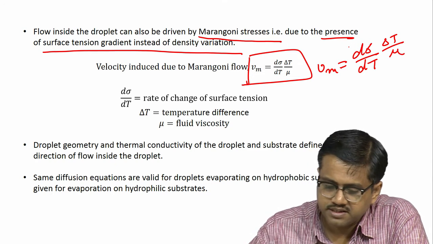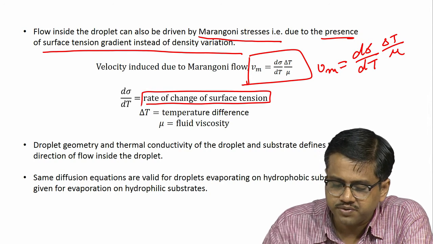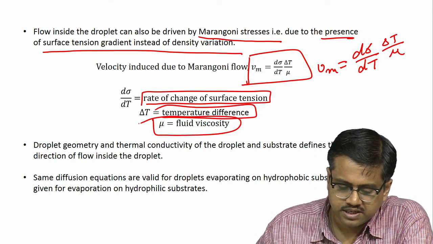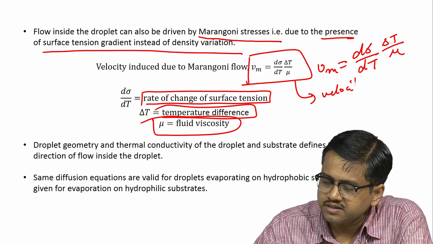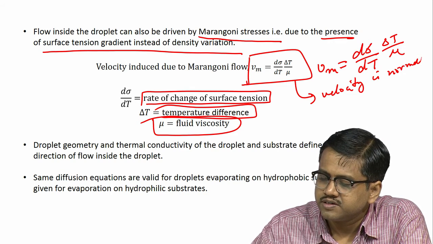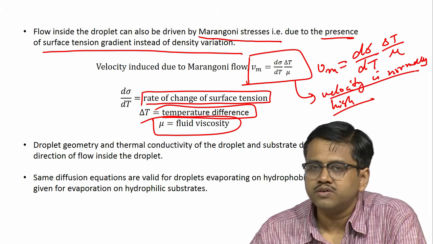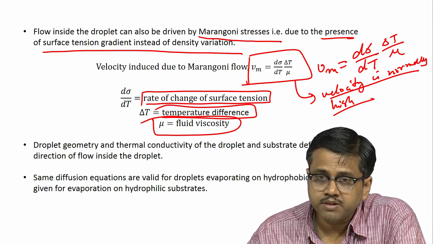So, in essence, dσ/dT is the rate of change of surface tension with temperature, this is the temperature difference, and this is the fluid viscosity. In this particular case, these velocities are normally high. So, Marangoni flow, or the flow driven by surface tension, is actually given by this.